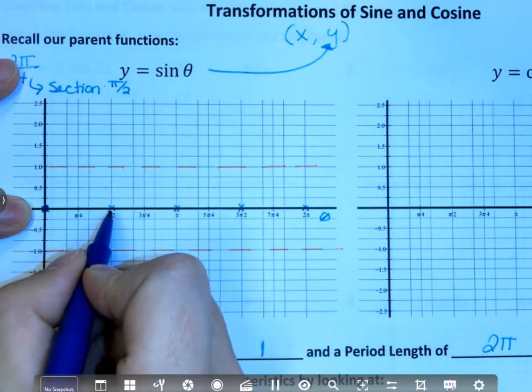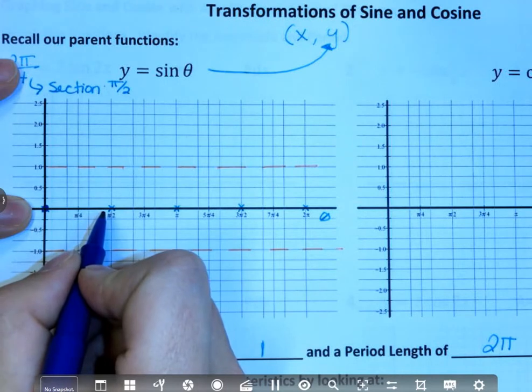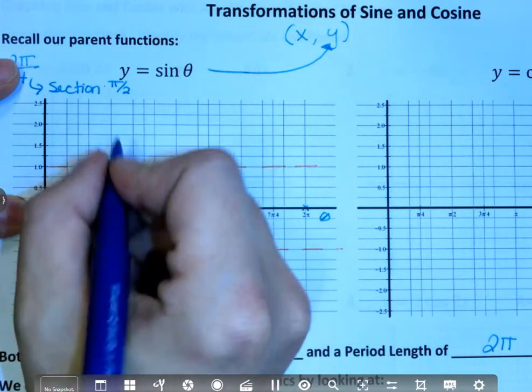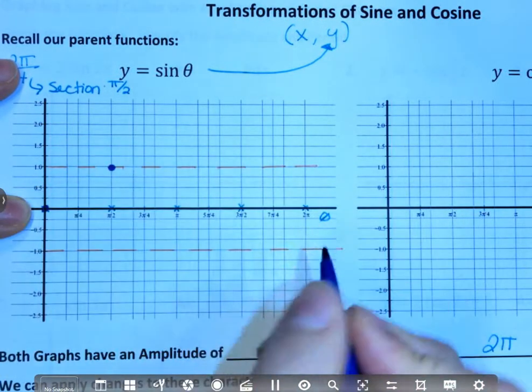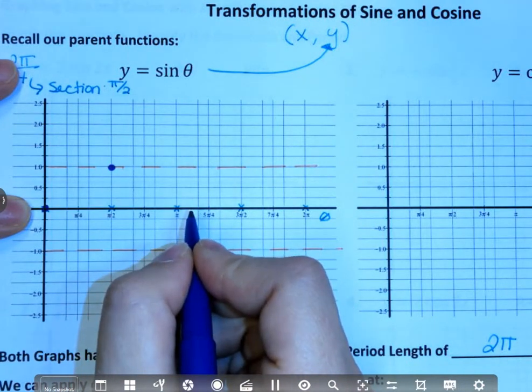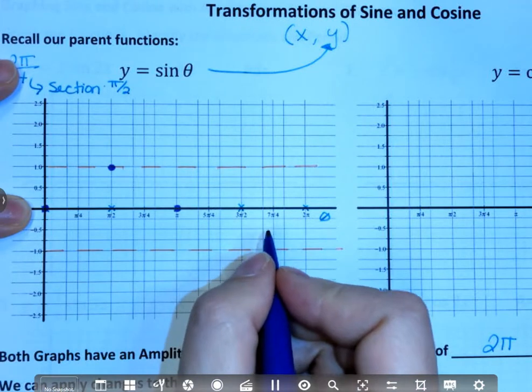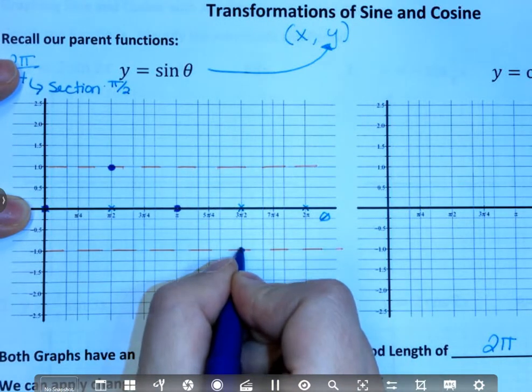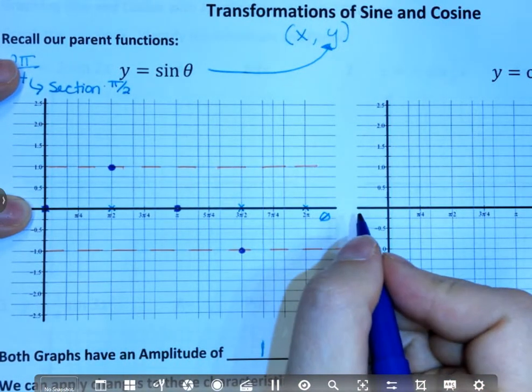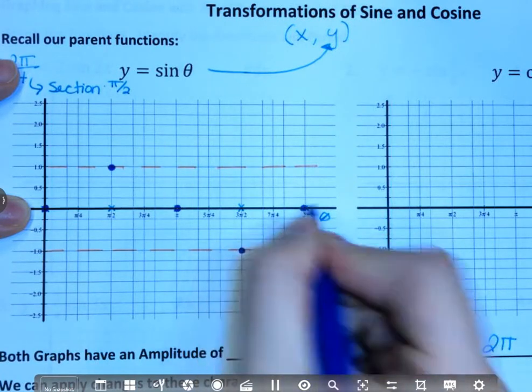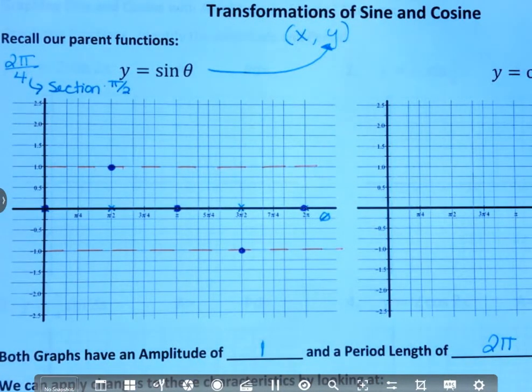What was the sine of pi over 2? 1. Sine of pi? 0. Sine of 3 pi over 2? -1. And sine of 2 pi? Those are really the only points I care about. And then it's just a matter of, can you actually draw waves?